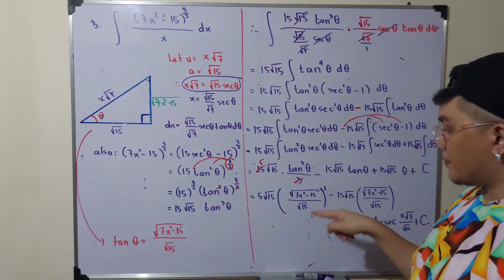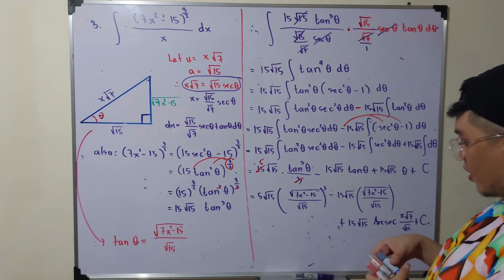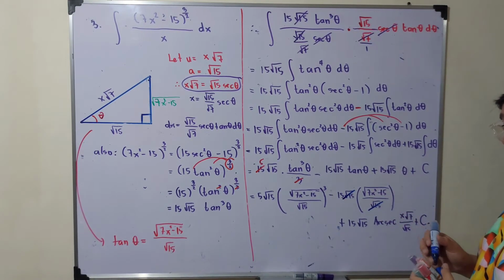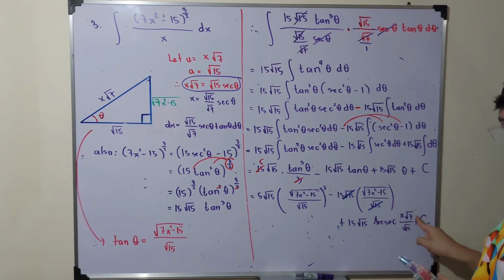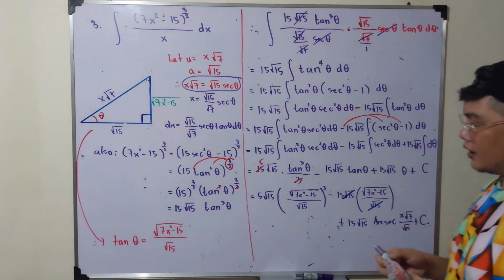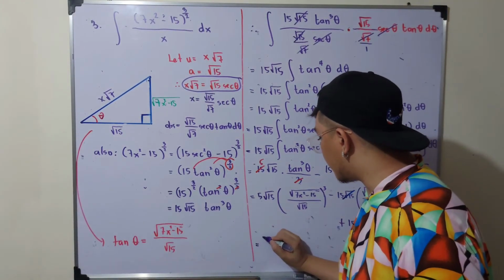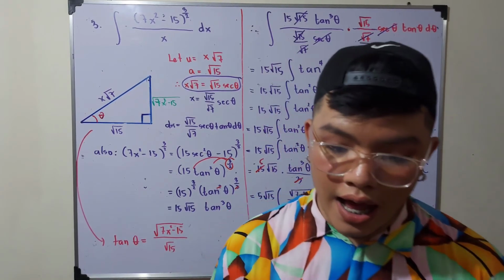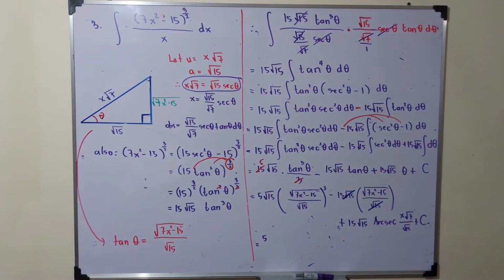Kasi may naka-raise pa yan sa cube. Pero ito, raised sa 1 lang, so pwede ito ma-cancel. Ito hindi yan pwede ma-cancel guys ha, kasi nasa loob ng arcsecant function yan. So bali simplify lang natin to. So using the calculator ko na. Kasi hindi nakasya.